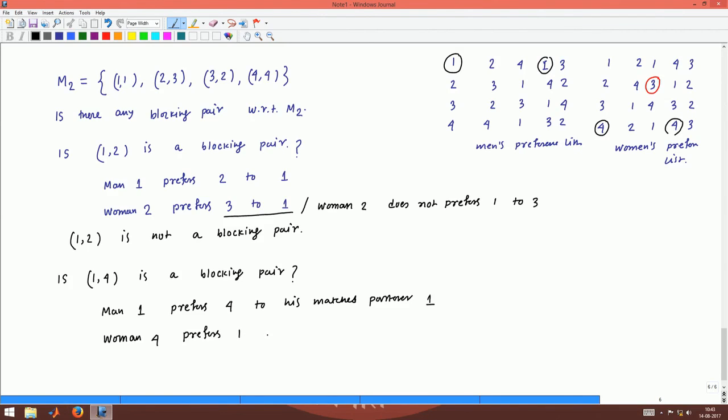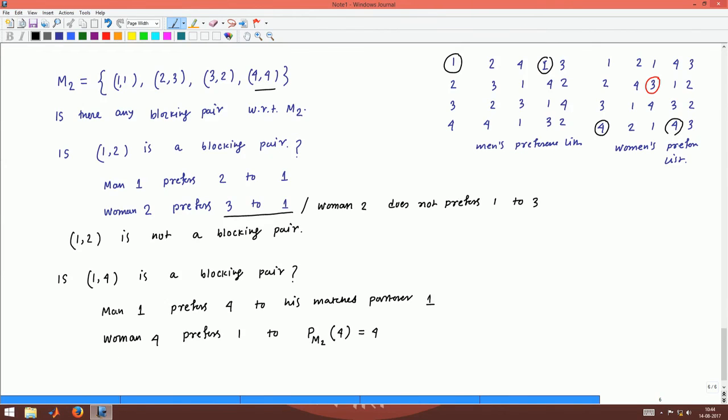I can write it also this way: the matched partner of 4 in M2 is equal to 4, and you can see that woman 4 prefers 1 to 4.